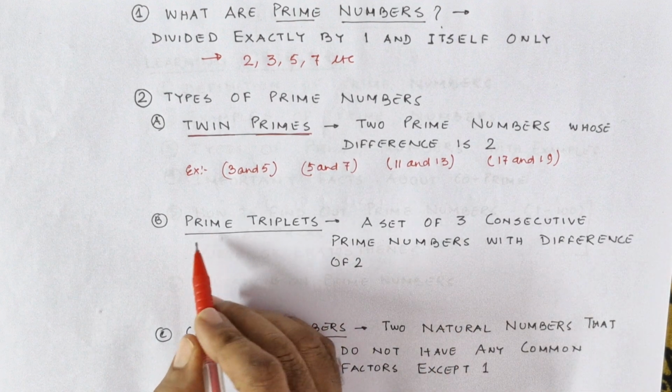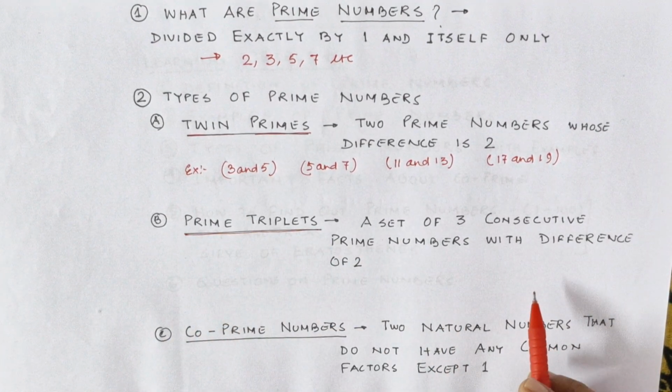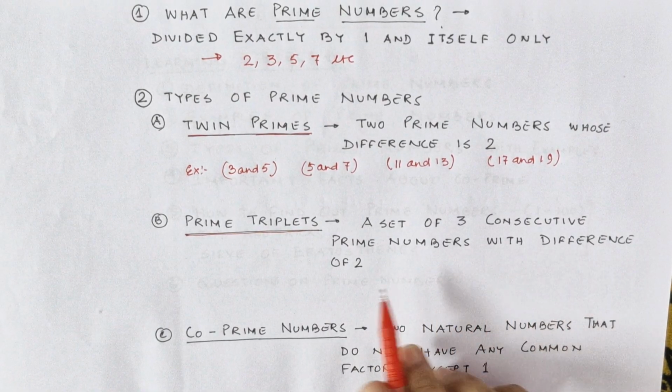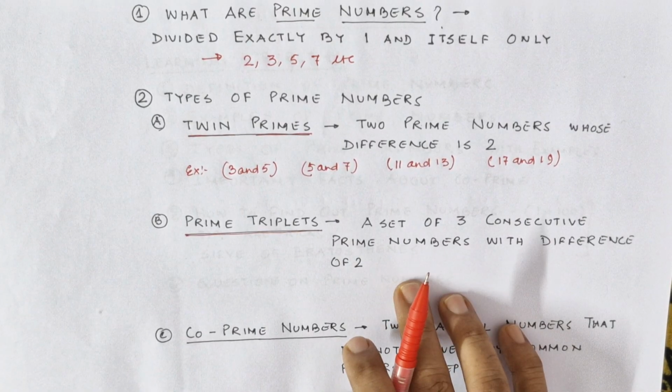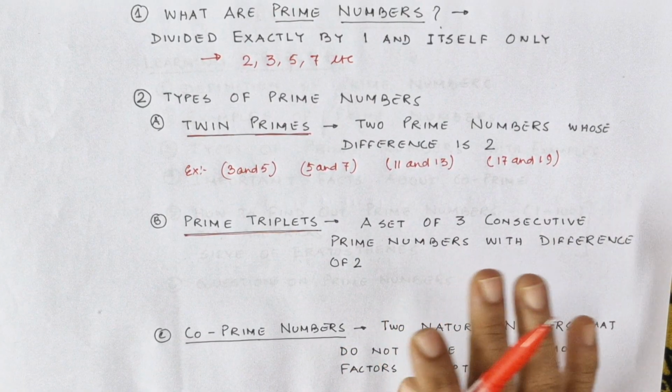Next, let's come to prime triplets. So what are prime triplets? A set of 3 consecutive prime numbers with difference of 2. Now the interesting fact is that there is only one prime triplet in the whole world.